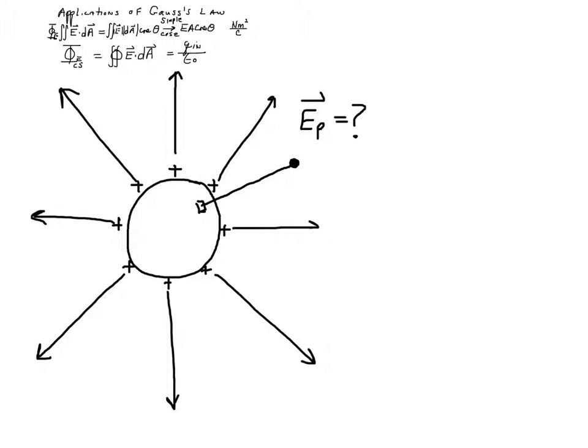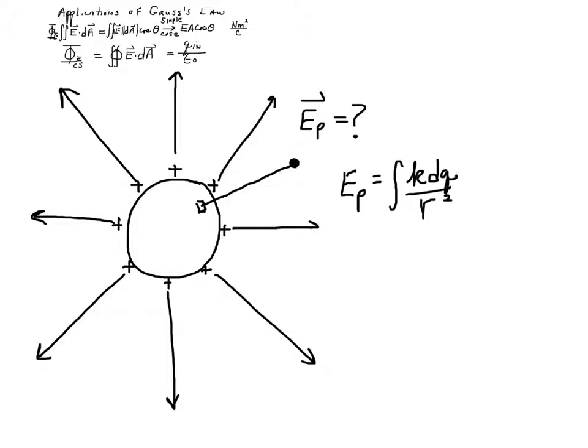And so to get E at P, we would have to integrate K dq over R squared, where for this dq, that would be R.